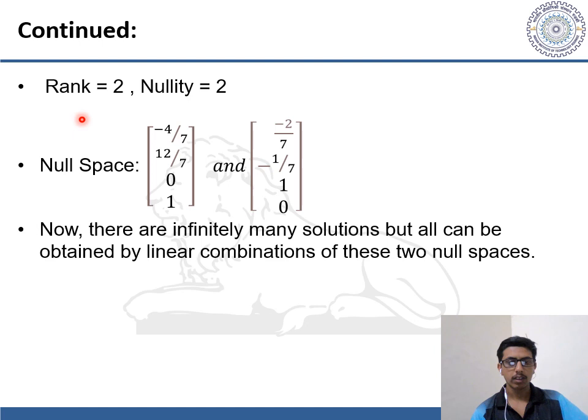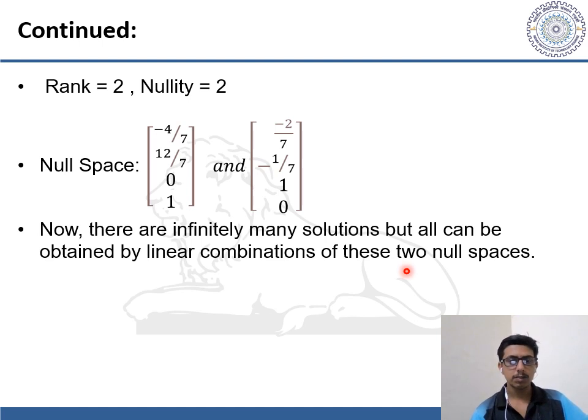There are 4 columns in the given matrix. Here, these are two vectors that represent the null space that we discussed in the previous slide.